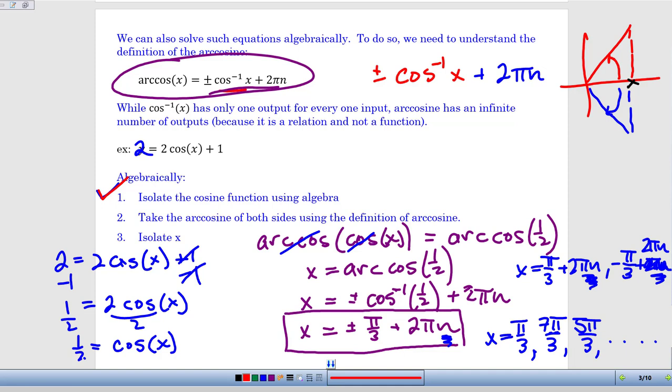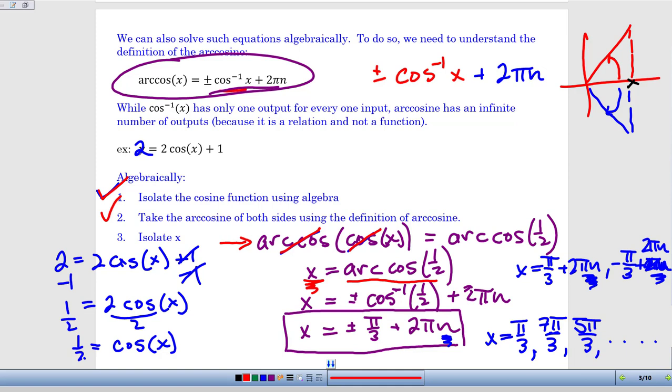Then, once we've got that trig function isolated, in the case of cosine, we take the arc cosine of both sides. If it was a tangent function we were isolating, we would take the arc tangent of both sides. And that's what we did right here: we took the arc cosine of both sides, and so the arc cosine and the cosine cancel out, isolating the x, and then on the other side we have the arc cosine of whatever number we had on the other side of the equation, so arc cosine of 1/2.